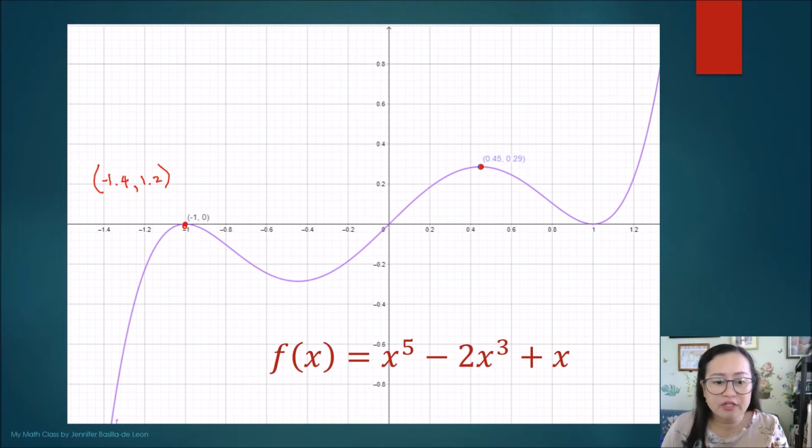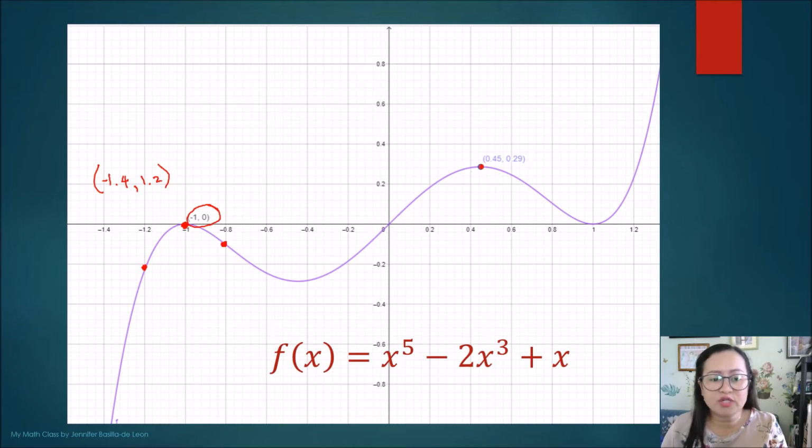For example, if we have a point on the left of (negative 1, 0), we can see that (negative 1, 0) is still higher than this point. Now let's get a point on its right. From here, we compare its height. We can say that (negative 1, 0) is higher than this point on its right.